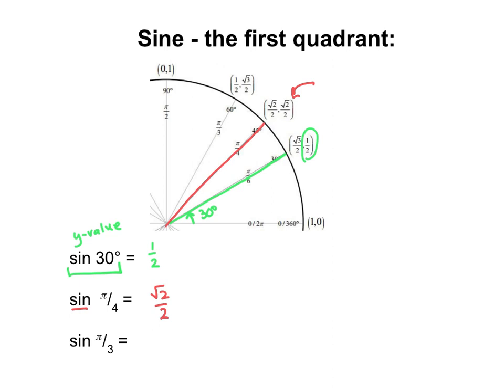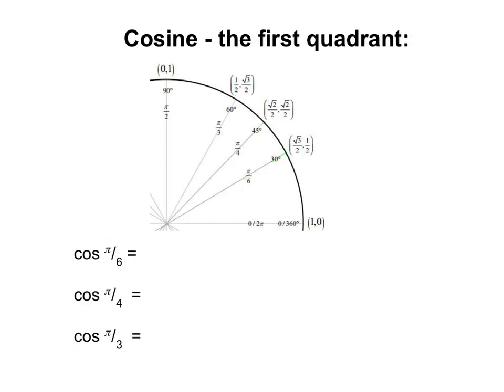The last one is pi over 3. So you must know that pi over 3 is the third tick mark right here. Here's our pi over 3. We want the y value because it's sine, so it's square root of 3 over 2 right here. And cosine works the same way. So cosine, though, is now the x value.